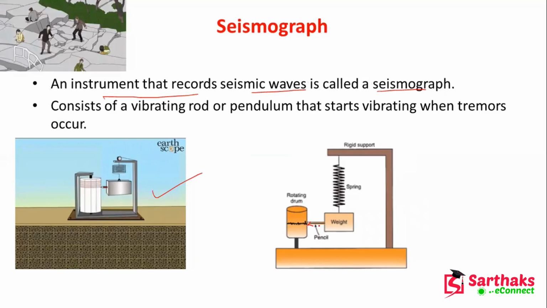The pendulum starts vibrating when the tremors occur, and you can see that it will draw some graphs. And after the study of the graph, they can understand the value, or the power, of the earthquake.